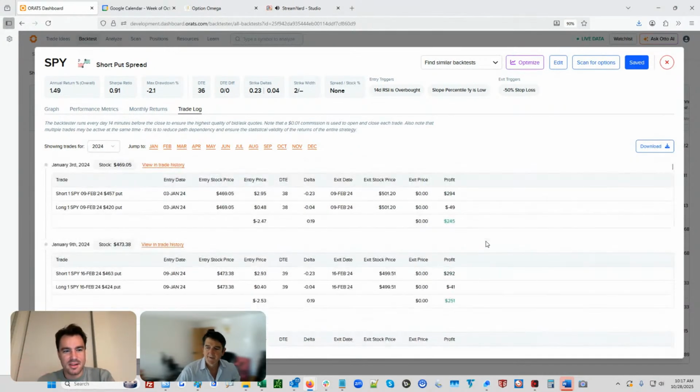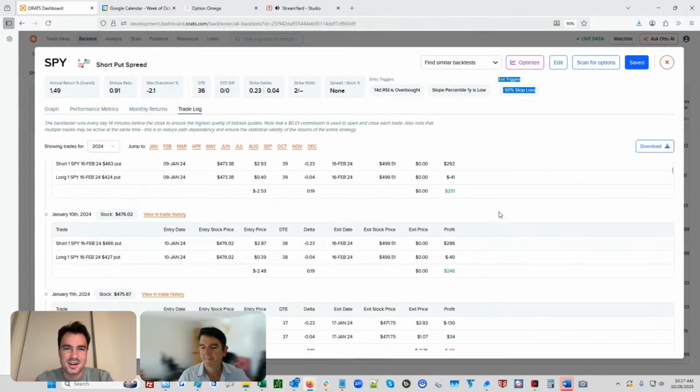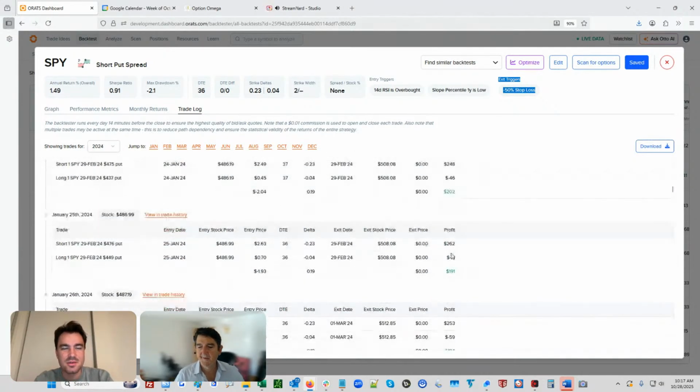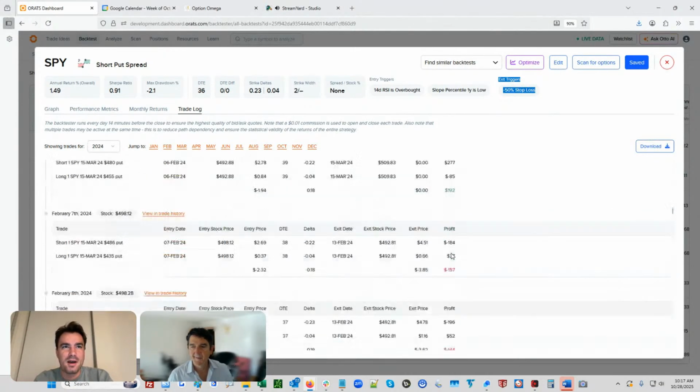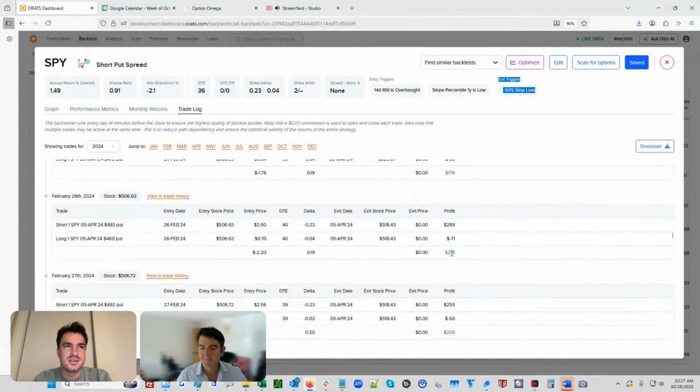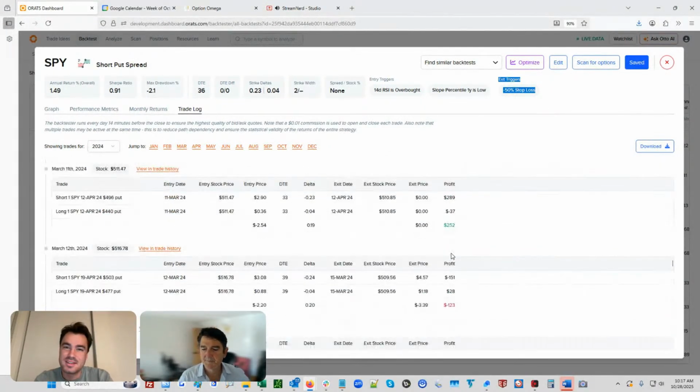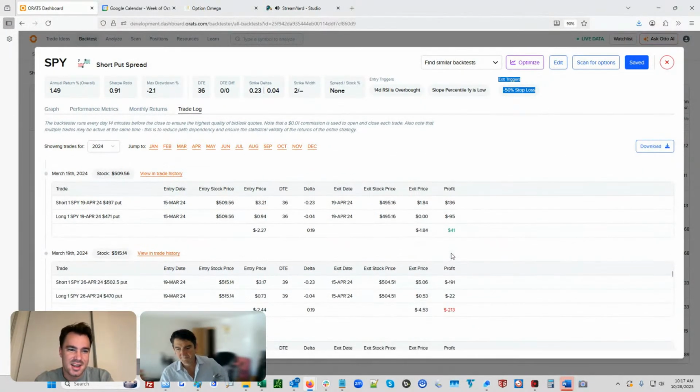You've got to let it ride a little bit, and you can see the big difference that just a small tweak in the stop loss and profit target does to the strategy. So it really makes you learn about how these different strategies can be tweaked, and you can really see the impact based on just a little bit of a tweak in the entry settings.